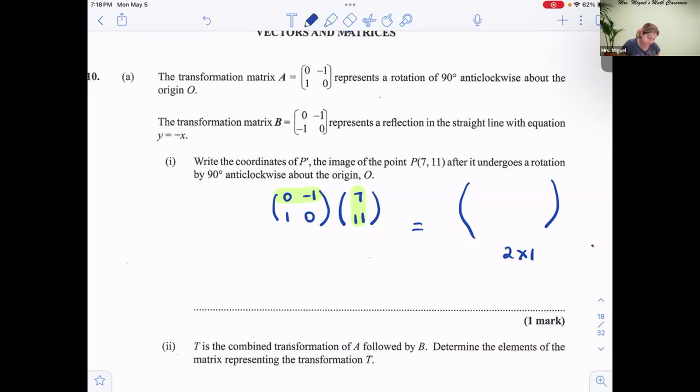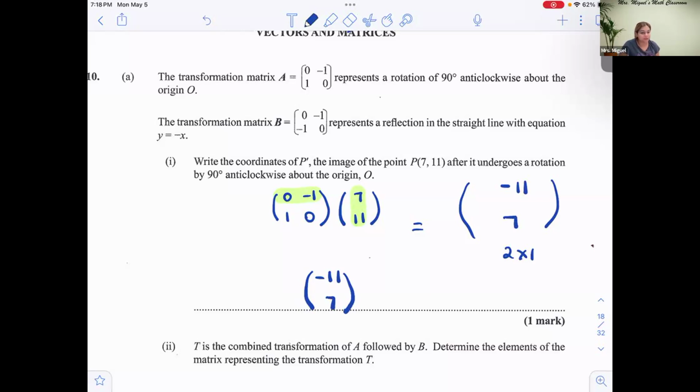Right? So here we will get 0 by 7 is 0, -1 by 11 is -11, 1 by 7 is 7. So here we will get -11, 7, right? -11, 7 for 1 mark.